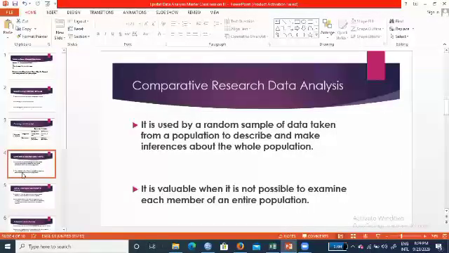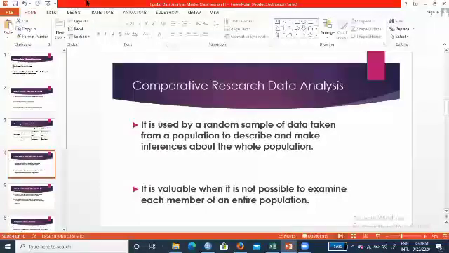Inference simply means you make a conclusion, or you get a result that the glucose level from the population sample is different, or it is not different, from that of the known control. So you are comparing. By mere looking at a set of data, you cannot give a conclusion that the two groups of data are different.